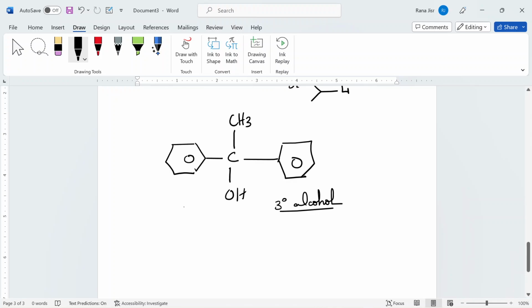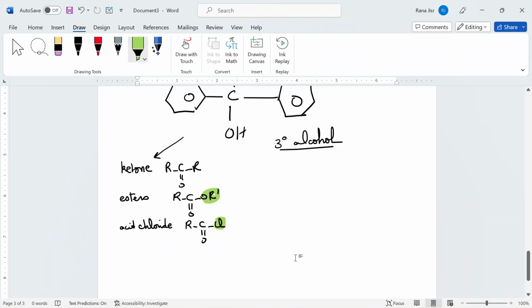Because I know that tertiary alcohols can be made either from a ketone, or from an ester, or from an acid chloride. And the other part of the molecule needs to be either an alkyl lithium or alkyl Grignard. Okay, this is going to be your Grignard reagent.